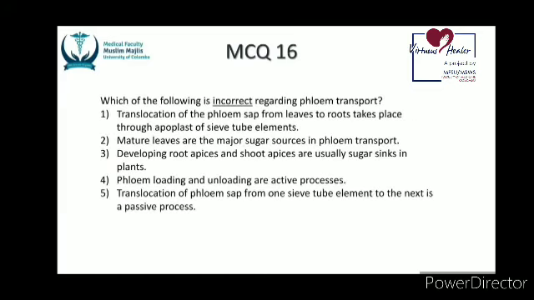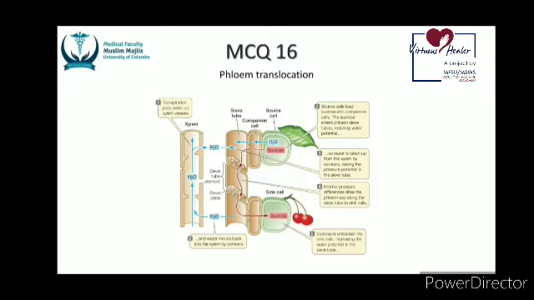Question number 16. Which of the following is incorrect regarding phloem transport? Now, before going through the statements, let's have a look at what happens during phloem translocation. As you can see here in this diagram, the phloem translocation occurs along sieve tubes, which are long tubes formed from sieve tube elements connected end to end.